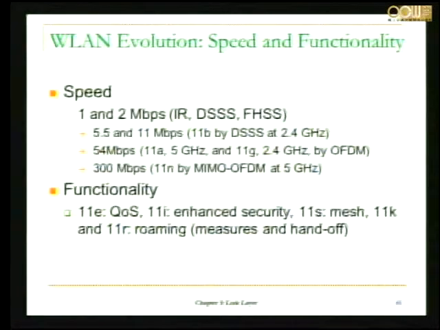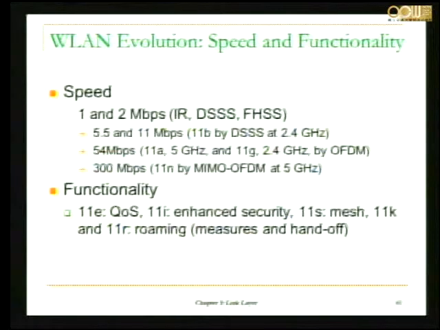It does not evolve from a broadcast link to a point-to-point link. It evolved in speed from several megabits per second to, more recently, hundreds of megabits per second with 11N. The early standards are 11B, then A, G, and then N.